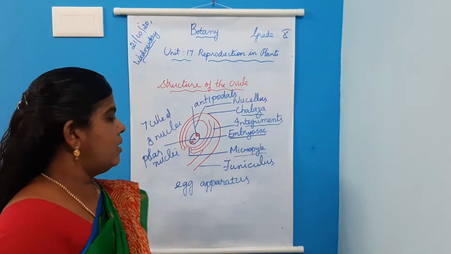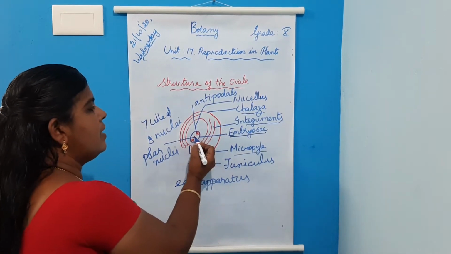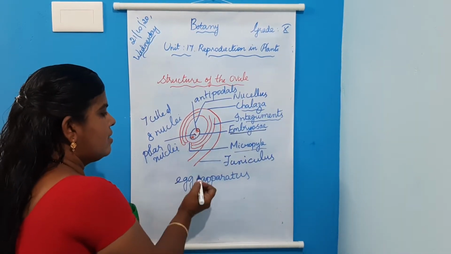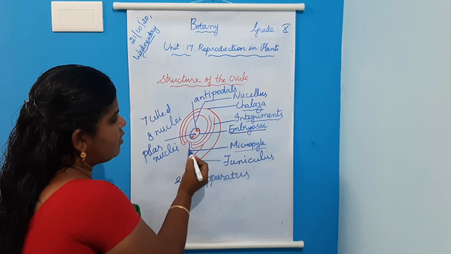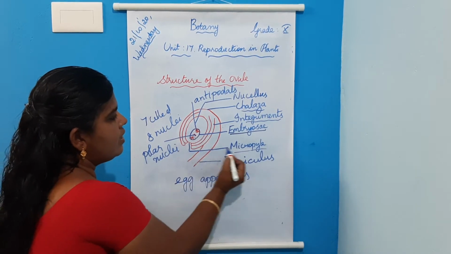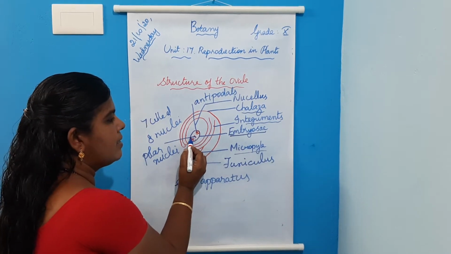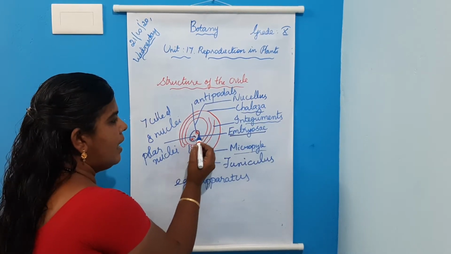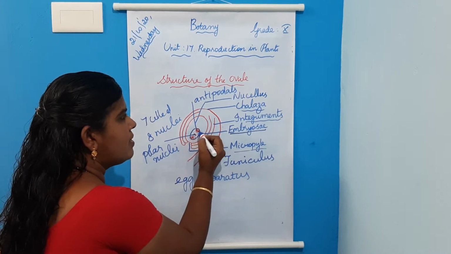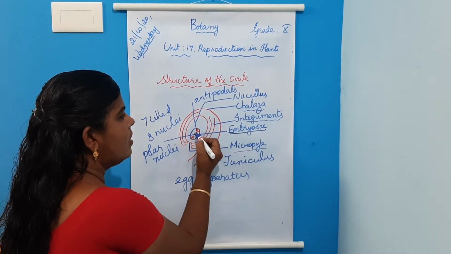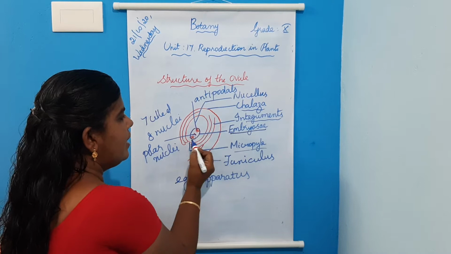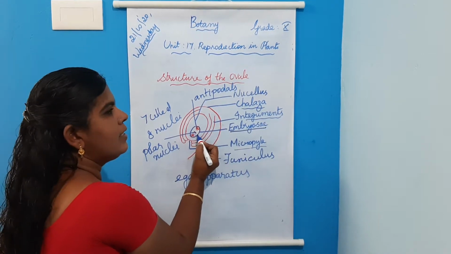The polar nuclei are found in the center. The 3 cells nearer to the micropyle are called the egg apparatus. The 3 cells towards the chalazal end are called antipodals. Then there will be 2 nuclei at the center.